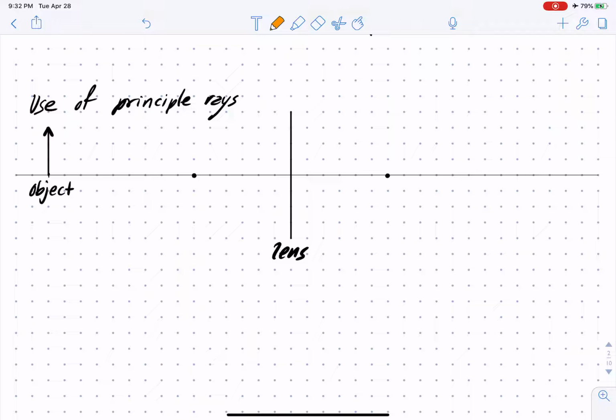Okay, so we're going to draw it as a line, but this is a converging lens. So let's just go ahead and start. So let's take the light that's coming from here. Now, of course, light goes in all directions, but we're just going to draw the principal rays, the ones that we know where they go. So the light that comes off in that direction, we know has to go through the focal point.